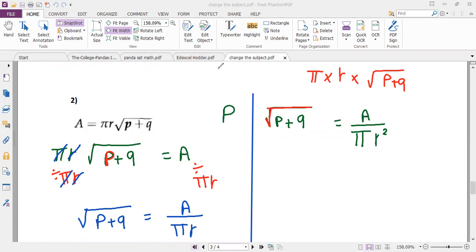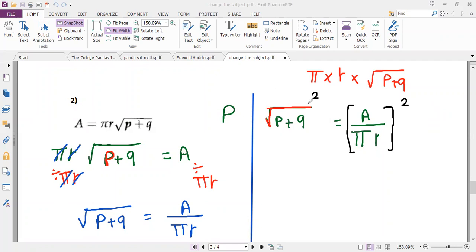And what is the meaning of squaring both sides? To square the left side, raise it to the power of 2, and the right side, we will raise it to the power of 2, as you see.